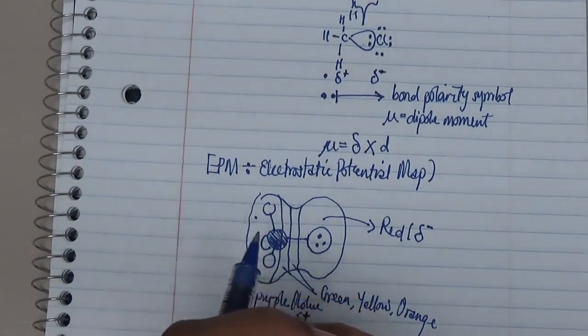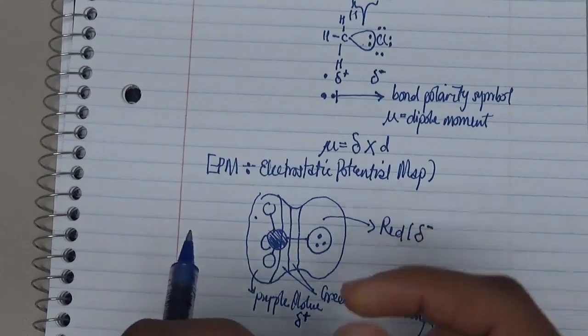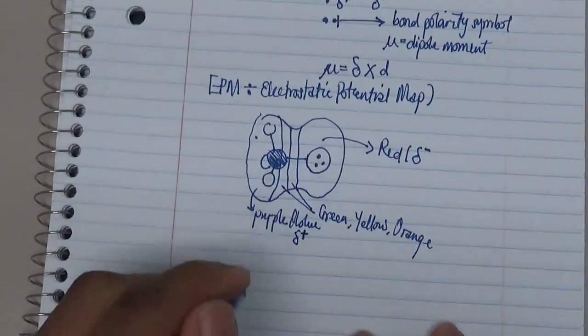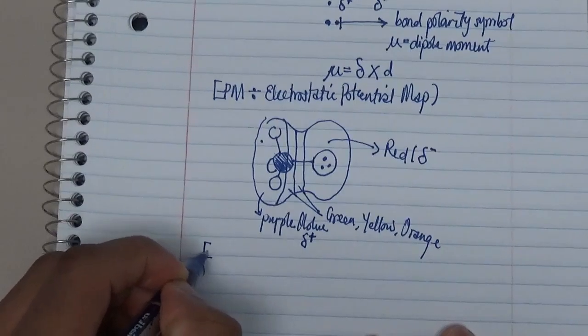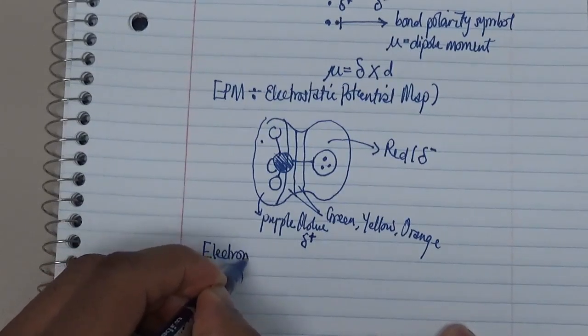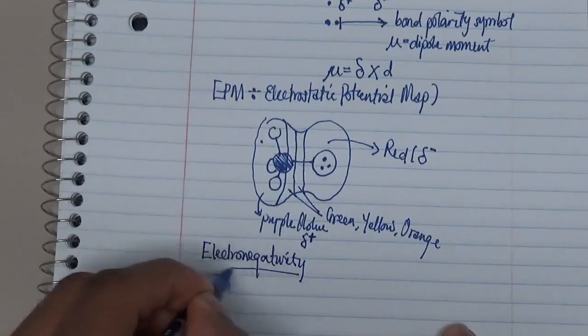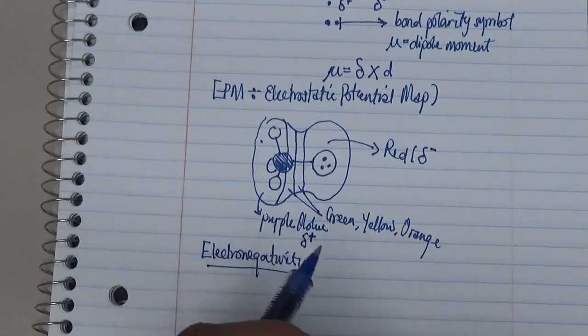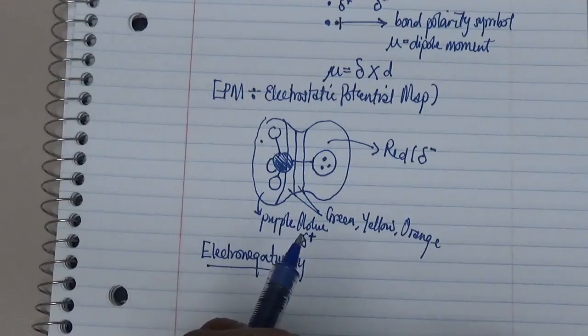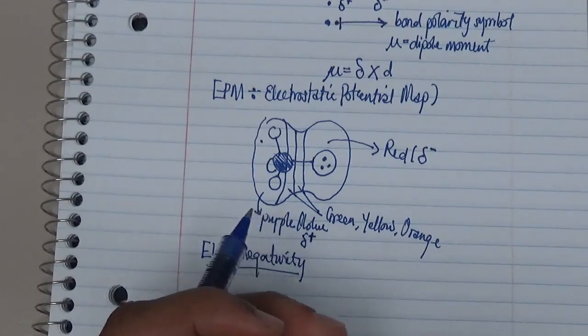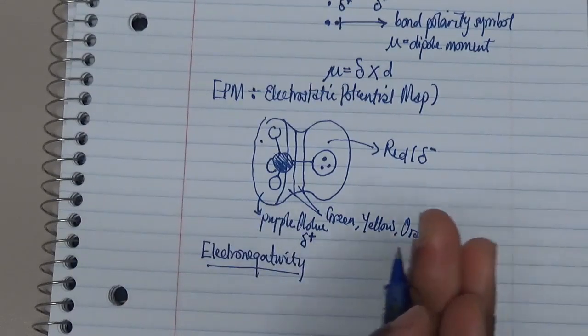On the other hand, we have a much handier tool, and this handy tool is electronegativity. Electronegativity gives you numerical values which explain which position is more electronegative compared to the other.